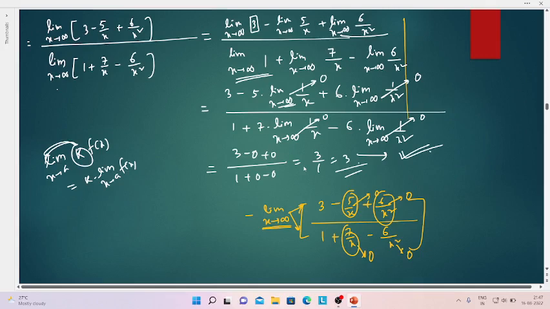If those are polynomial equations, then we have to find out the highest degree of those polynomials, and after that we have to divide these polynomials by that particular degree of the variable, and after that we use the previous results and we can solve that particular problem, right?